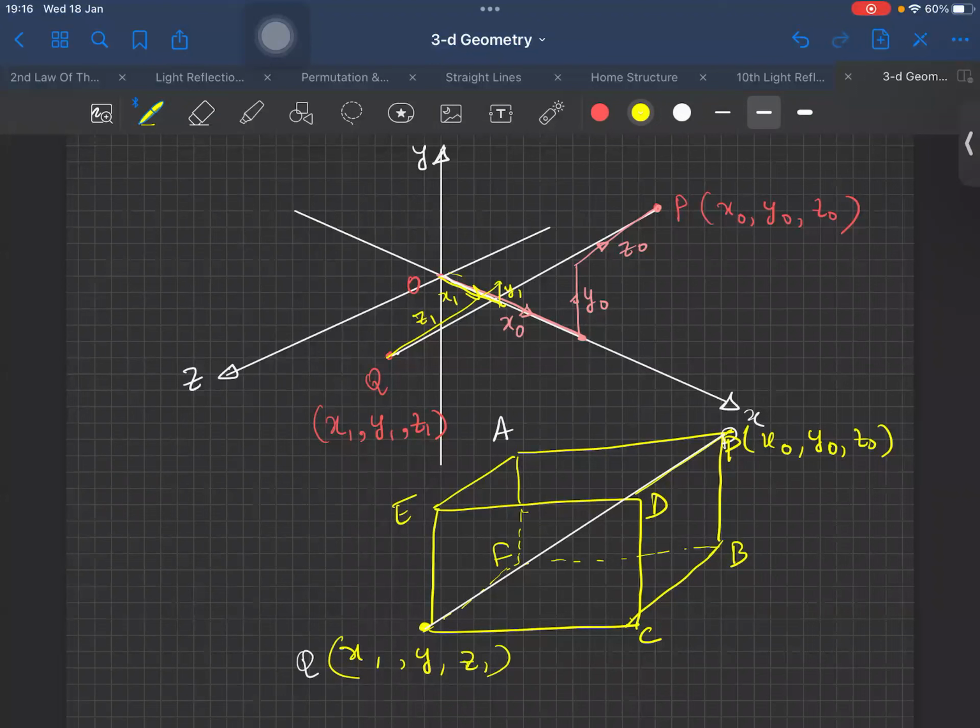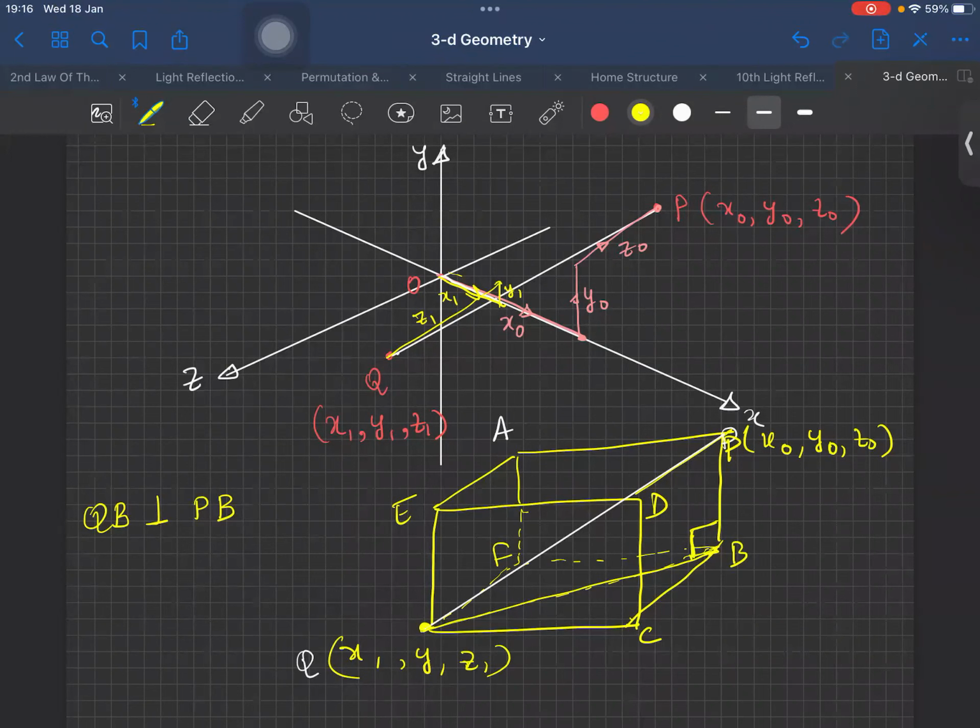So how do you find the length of this diagonal? This diagonal is also on some plane, right? Now, if you draw a line here, let's say QB, this QB line is perpendicular to PB, right?